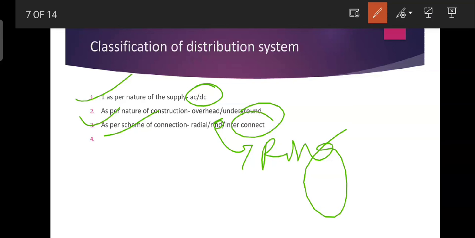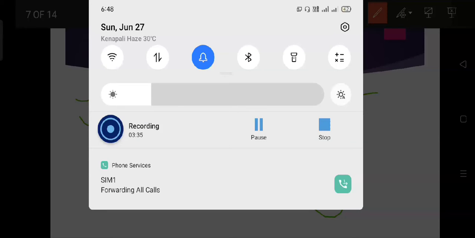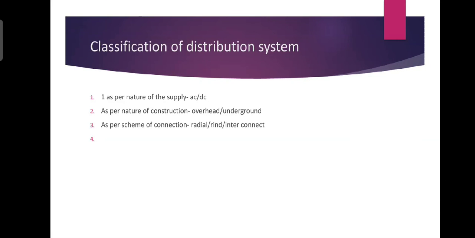Remember all those things. There are basically three classifications: the nature of supply, the nature of construction, and the scheme of connection.